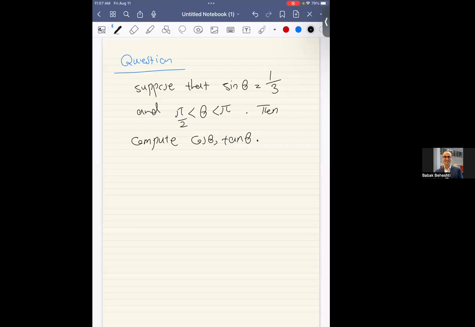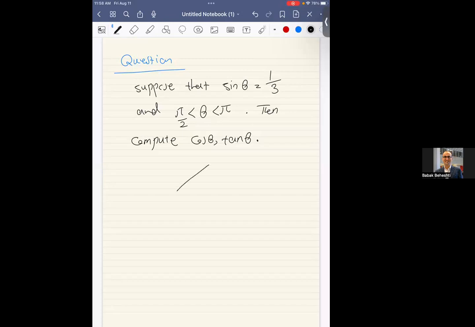Who can do this? I give you a bonus mark. Can I use the triangle method? Yeah. If you draw a triangle, using sine equals opposite over hypotenuse, you can figure out that the opposite is equal to 1.